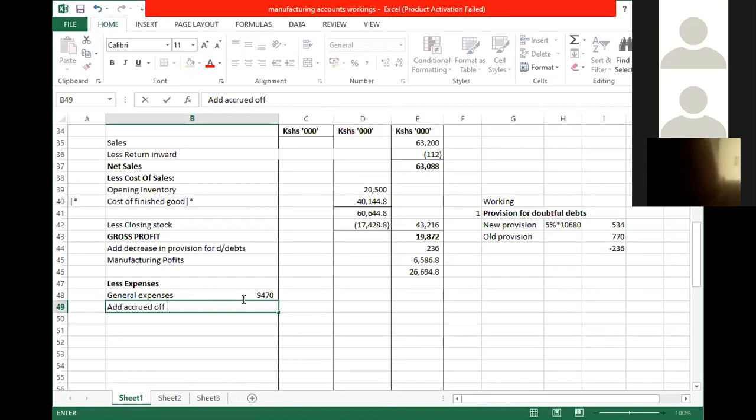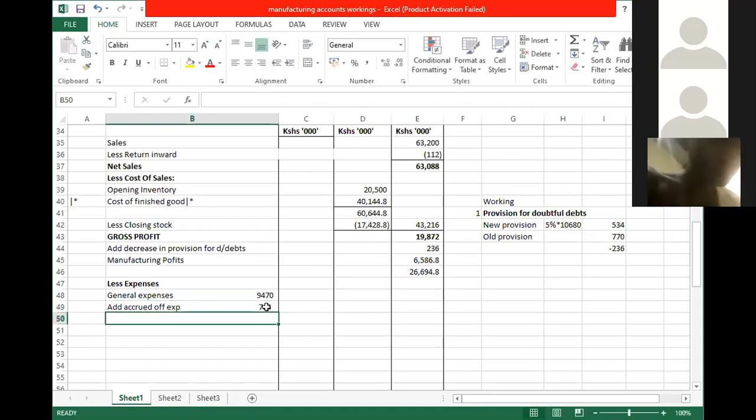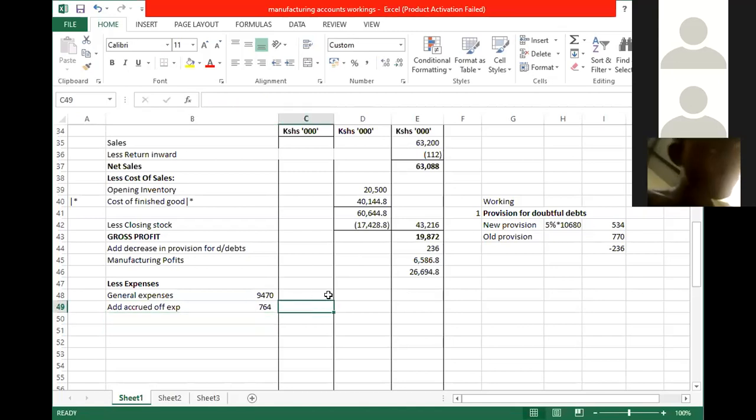office expenses, which is how much? How much do we have here? We have, let me see, we have 764. What will be that figure?